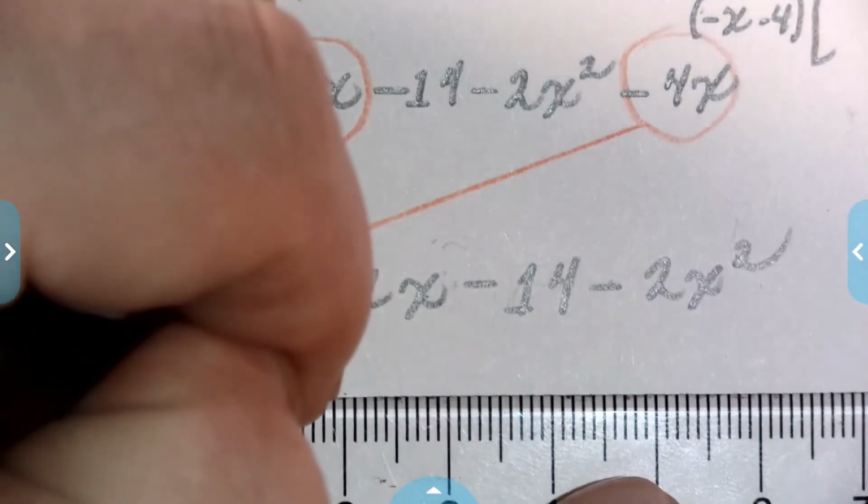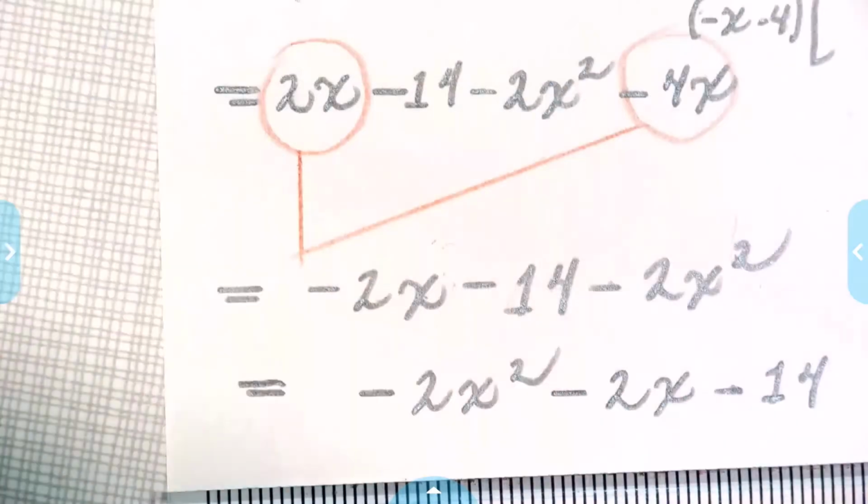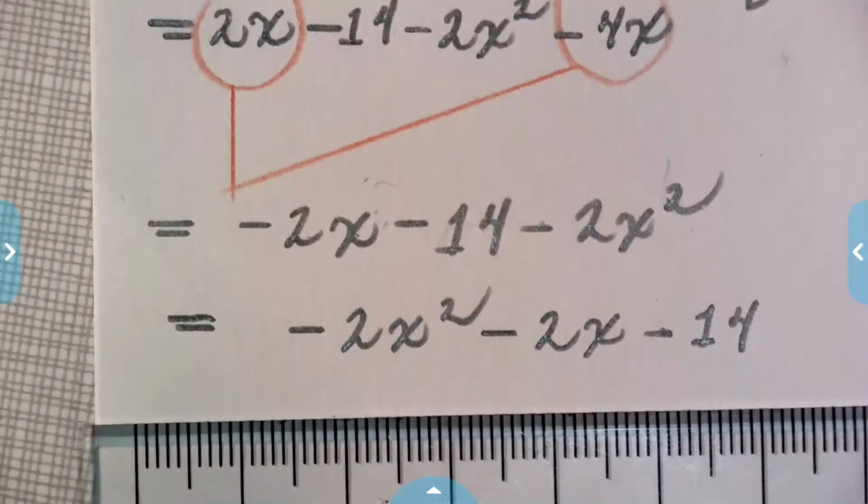So I'm going to write it the proper way. Negative 2x squared minus 2x minus 14. And again, that's acceptable, but there is something we can do.